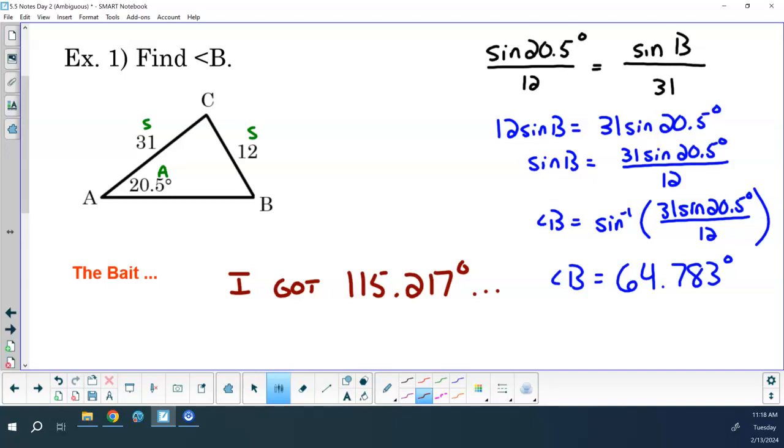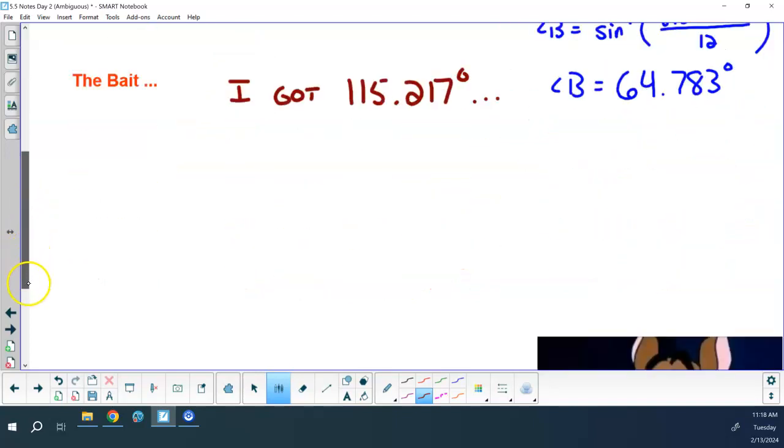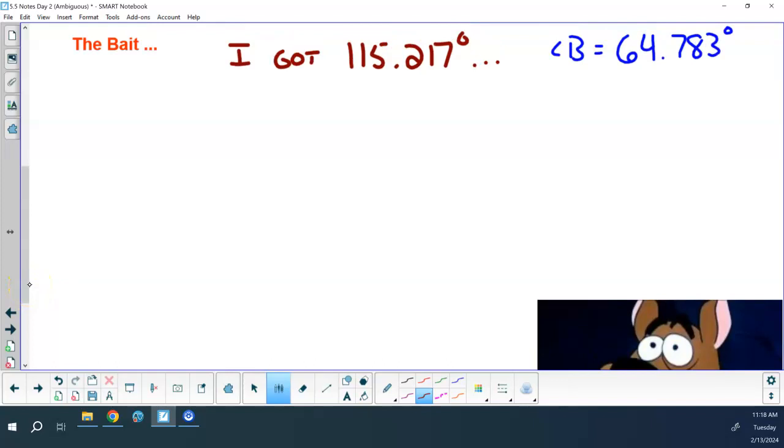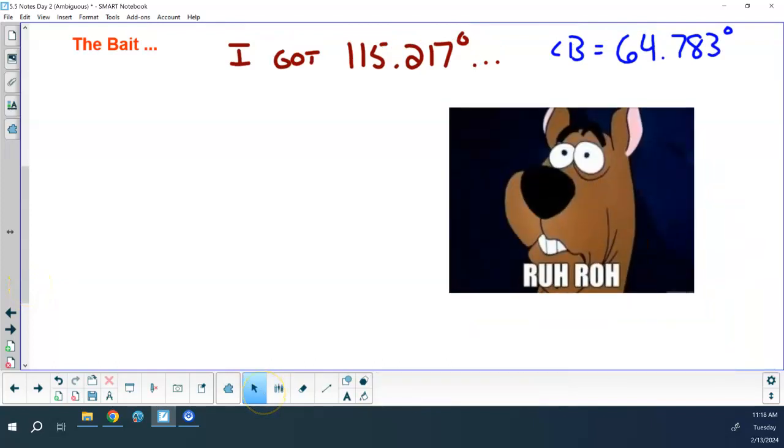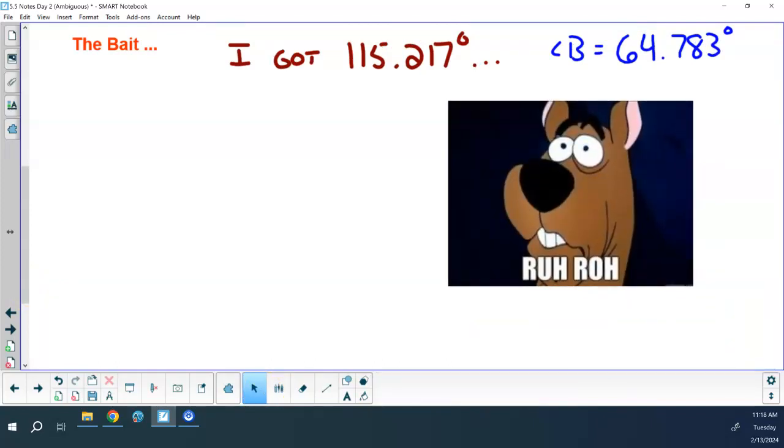Same thing, isn't it? Who's right? What's ambiguous mean? Exactly. So we got a problem, because they both work.